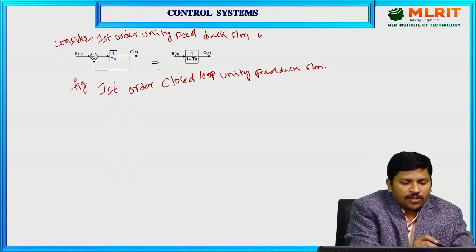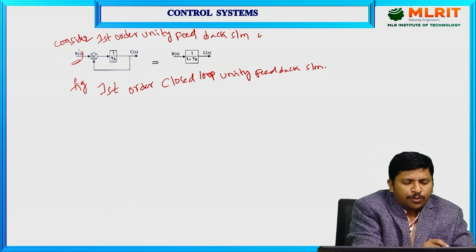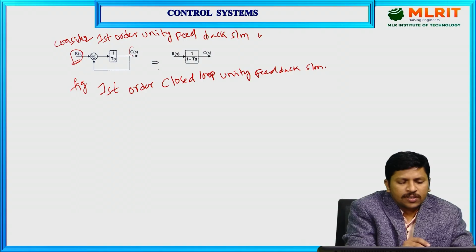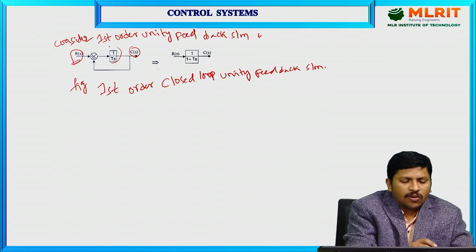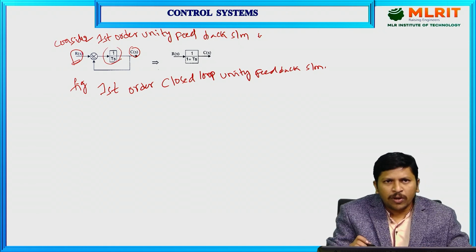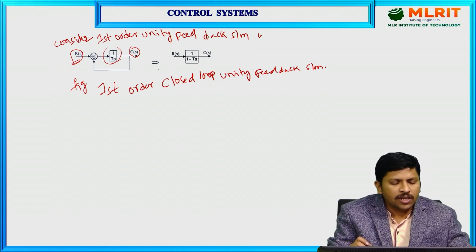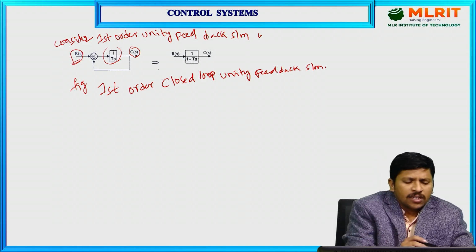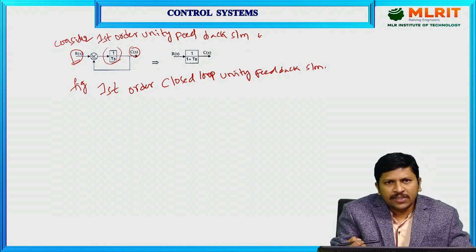Just observe here, my input is R of S and the output is C of S, and the first order system is 1 by Ts. This is the open loop transfer function, 1 by Ts. In the previous session we learned the meaning of order as well as the type number of the system.